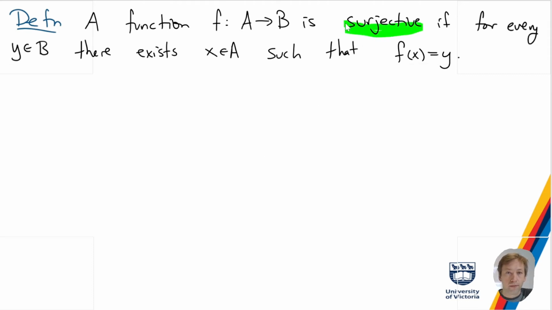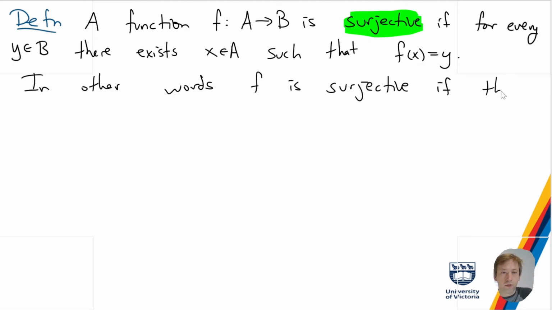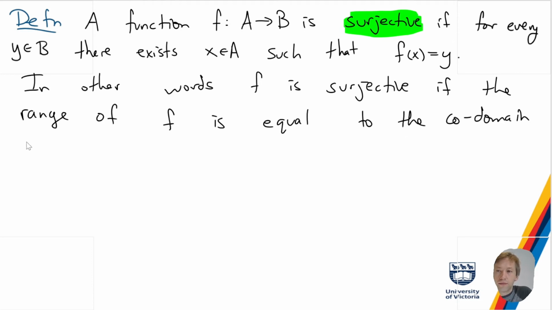Okay. So in other words, a function is surjective if the range of f is equal to the codomain of f.